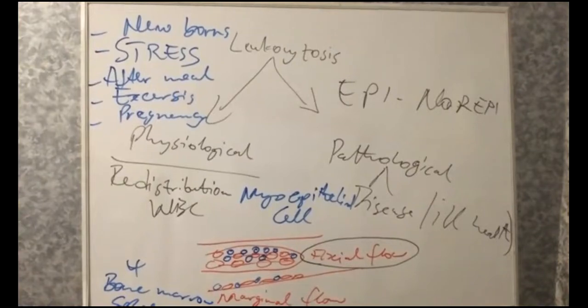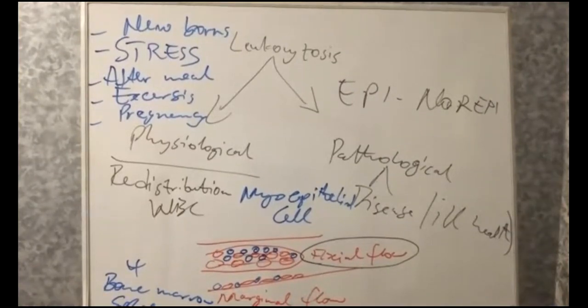These white blood cells are already produced, matured blood cells, which are stored in various areas in the body. So when the person finds themselves in a particular physiological state like pregnancy, stress, or after a meal, these white blood cells jump into the axial flow and increase the white blood cell count in the blood.